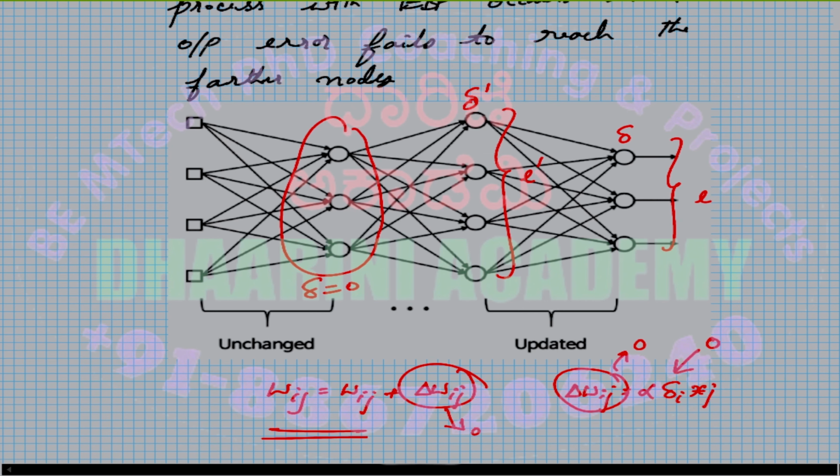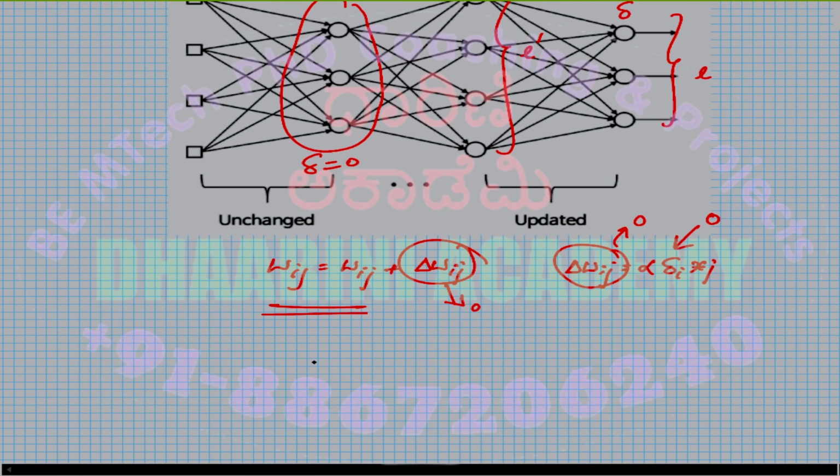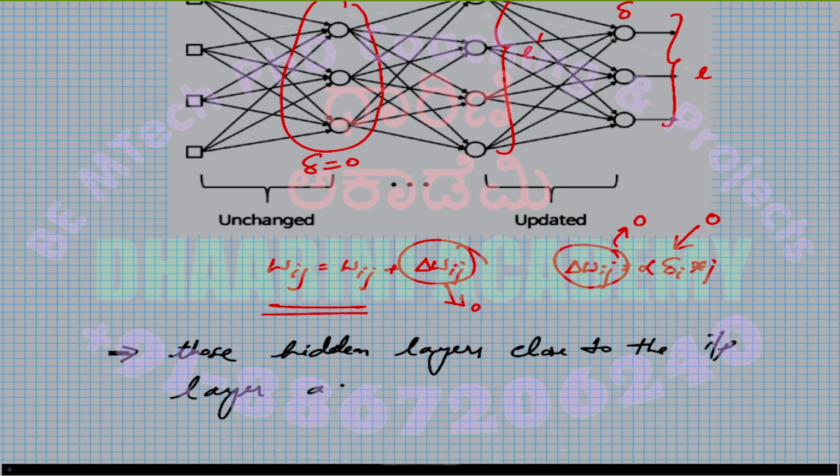Due to the vanishing gradient, this implies that those hidden layers close to the input layer are not properly trained.